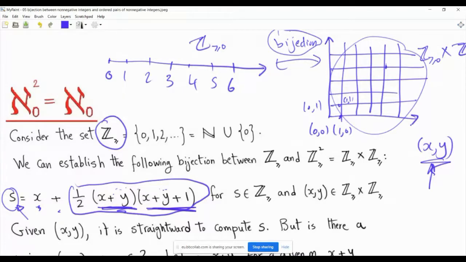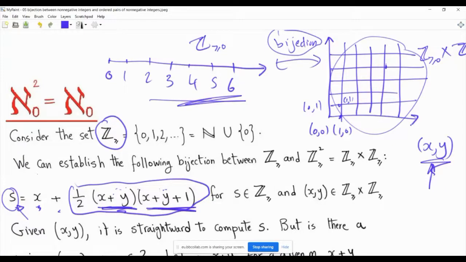Now here is the challenge: knowing s, can you get x and y? Because if you have x and y, you get an s, and if for every s you can get a unique x comma y, that's a bijection. That means each element on this one-dimensional grid can be associated with exactly one element on this two-dimensional grid.